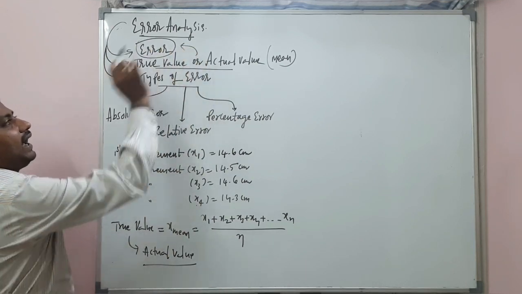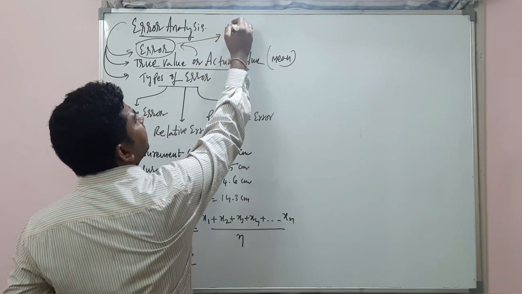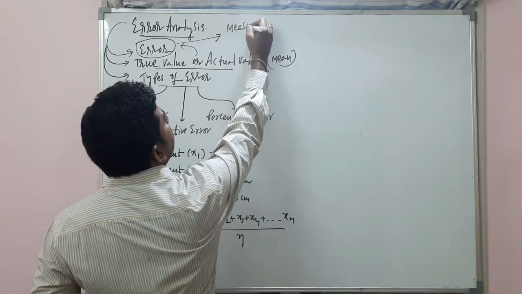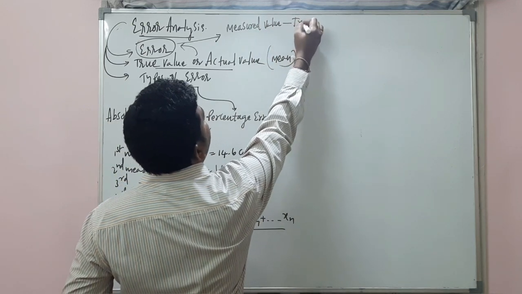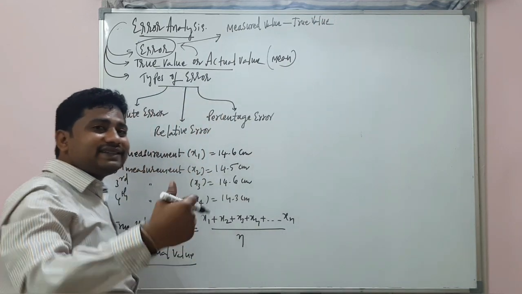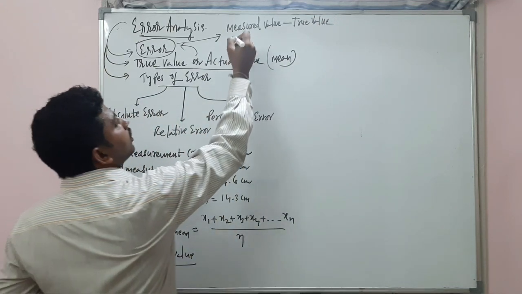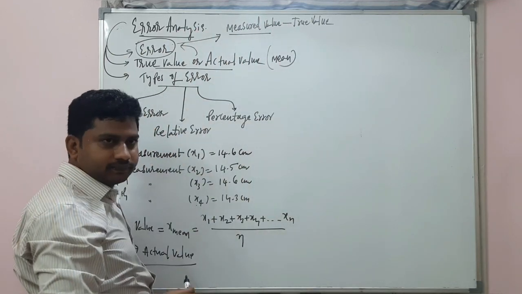Let's discuss about the error now. It's so simple. Error is the difference between a measured value and the true value. Like we discussed in the last class, if your measured value is more, then the error will be positive.